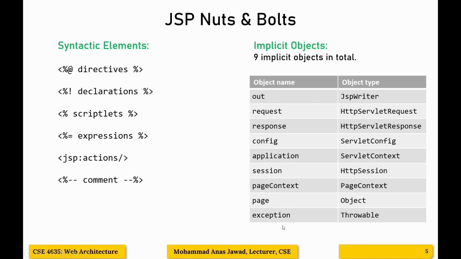We call these objects implicit objects because you do not have to create or declare these objects separately inside your JSP page. All these objects will be accessible to your JSP page by default. So you do not have to create or define these objects. Okay? As for these syntactic elements, we will be taking a deeper look into them in our following slides.